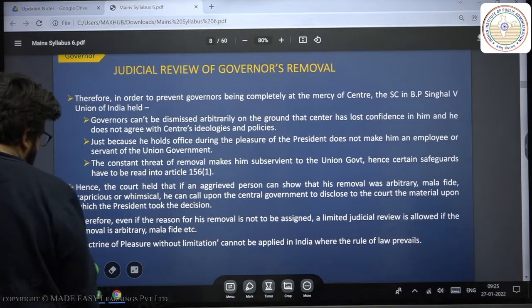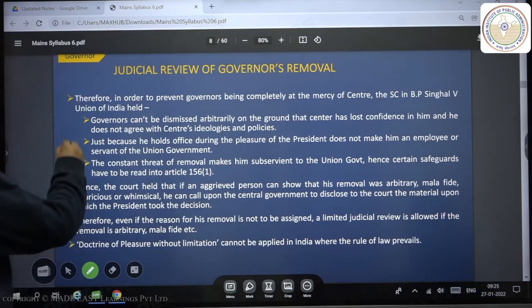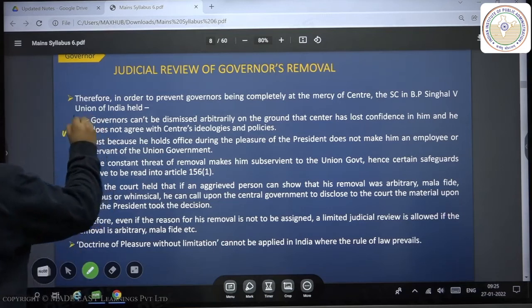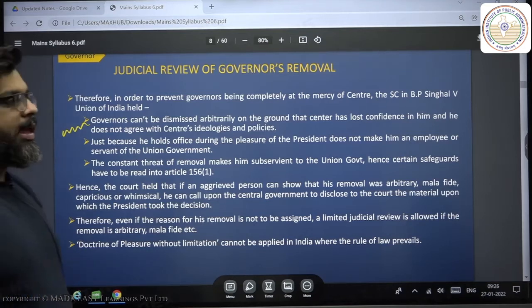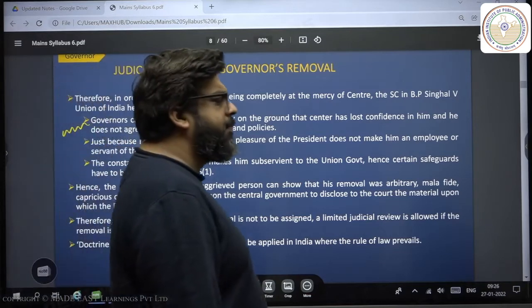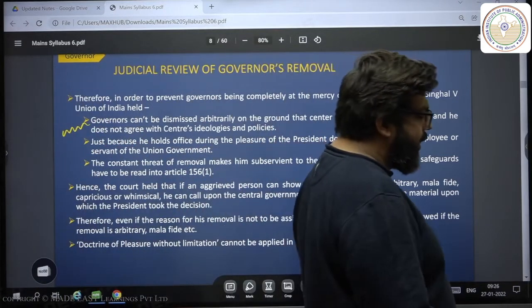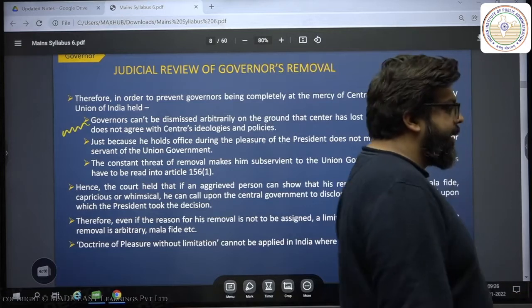In this, the Supreme Court has categorically said that governors can't be dismissed arbitrarily on the ground that the center has lost confidence, or does not agree with the center's ideologies and politics. That's a very, very broad ground. That's very open-ended to begin with.